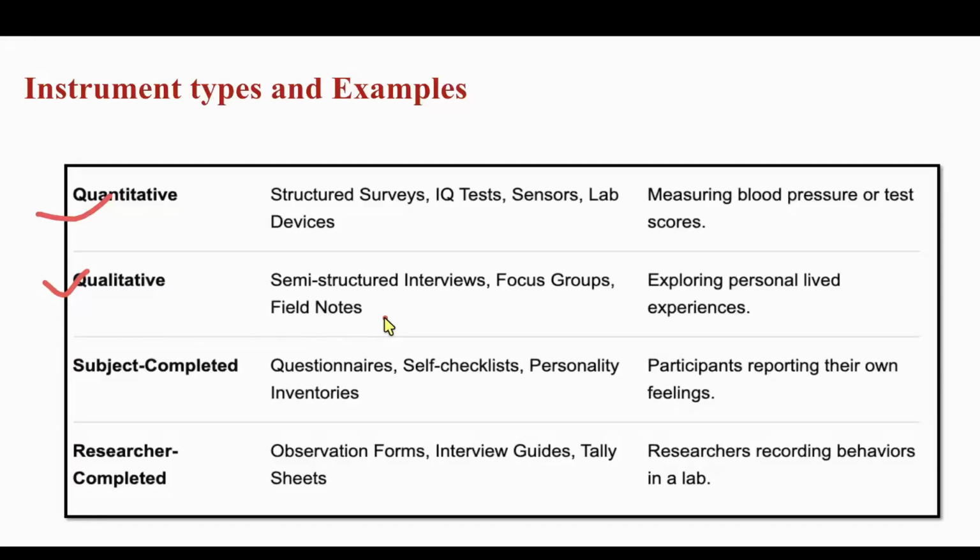Nowadays, while interviewing, we can record the transcripts if the respondents are okay with that, without, of course, any identifiable information. Sometimes there are subject-completed questionnaires, where we just float the links and they themselves complete them. Sometimes the researcher completes the observation forms, the interview guides, the tally sheets, right?